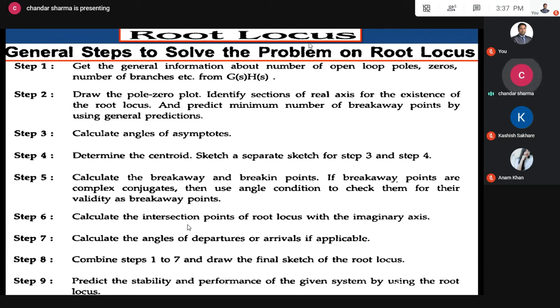Here I do not require 1 + G(s)H(s) or the closed loop transfer function. For root locus I need G(s)H(s). So get the general information about number of open loop poles, zeros, number of branches, etc. from G(s)H(s).